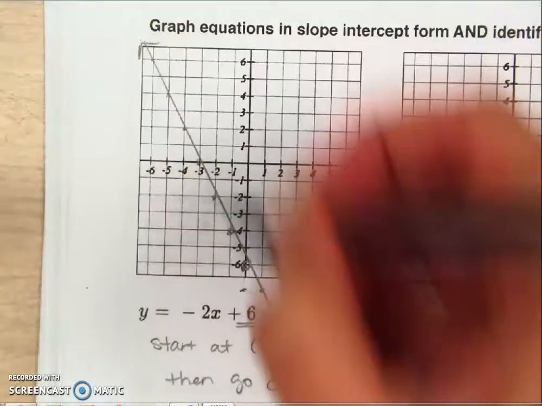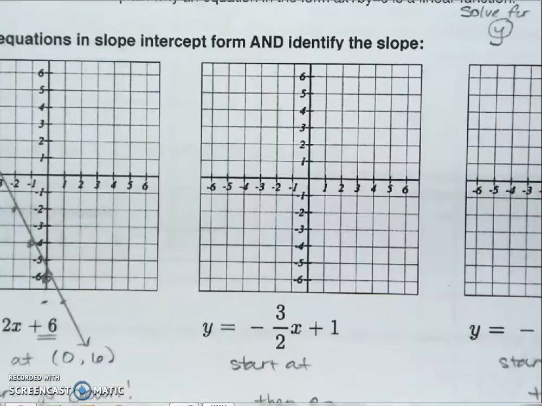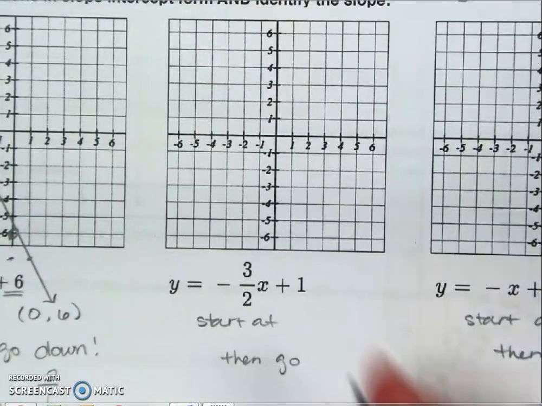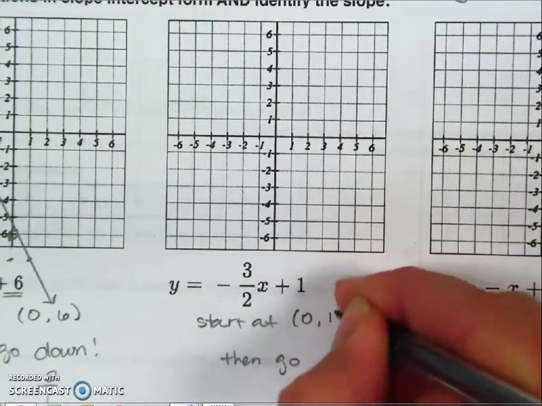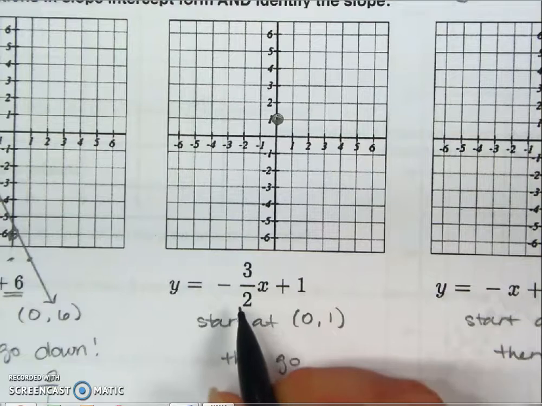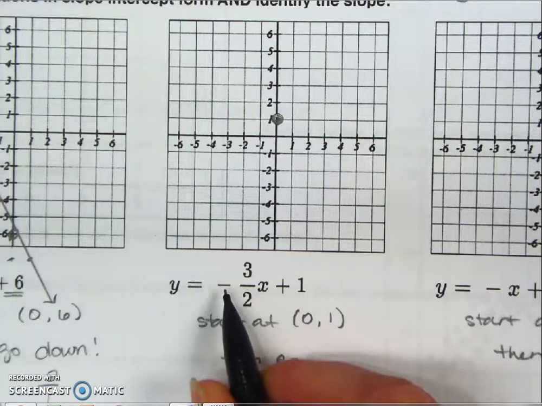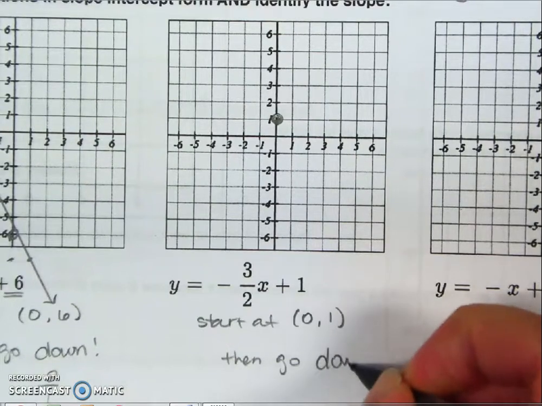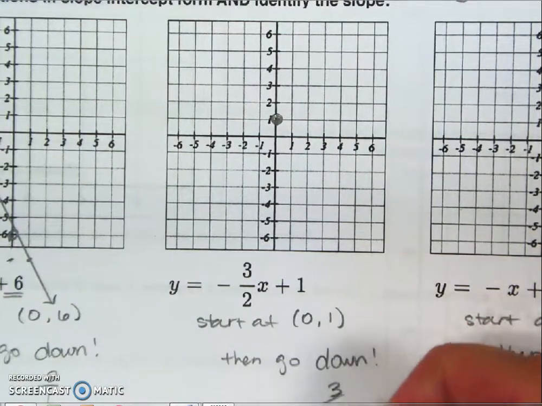All right, so we start at the b, and then we use the m. Let's try that again. On y equals negative 3/2 x plus 1, we're going to start at 0, 1, on the y-axis up here at 1. This is another negative slope. Remember, negative, it's going to go downhill. So it's going to go down, according to the slope, 3 over 2.